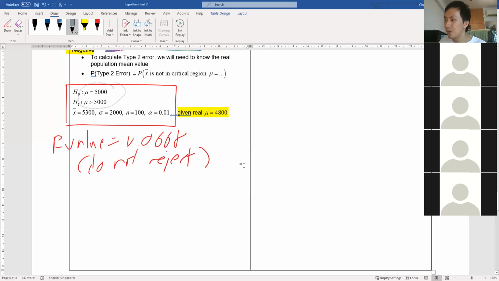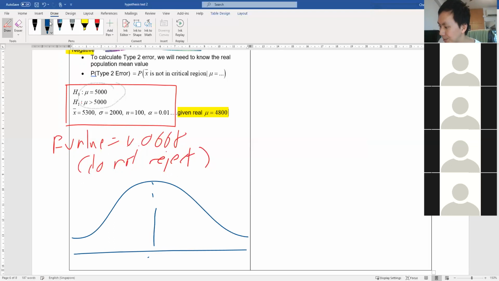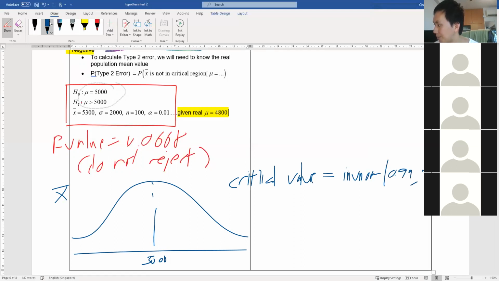So if you focus on the right side of things, what happens was you had a hypothesized curve at 5,000. Let's calculate the critical value first. The critical value is equal to inverse norm 0.99, 5,000, then sigma over square root n.